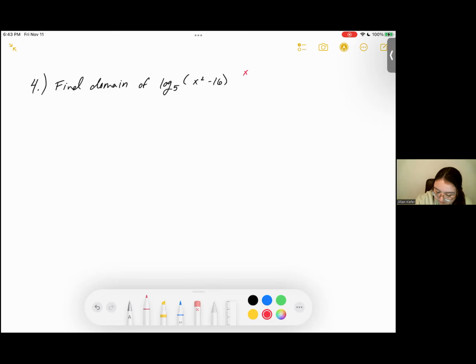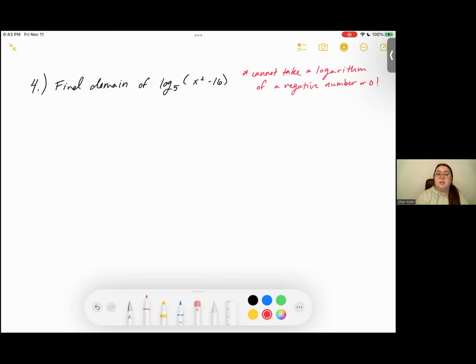So we're going to write that out. We cannot take a logarithm of a negative number, or 0 for that matter.